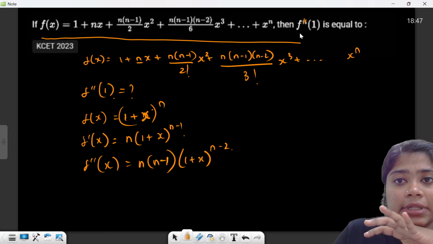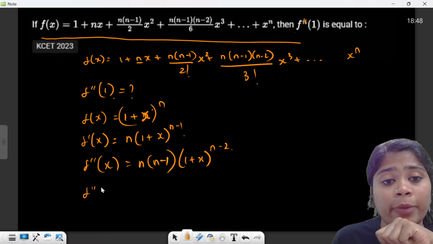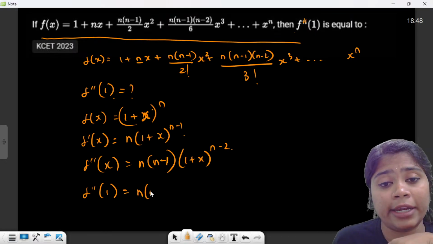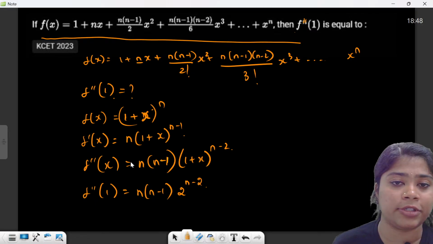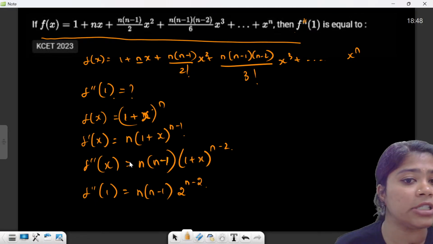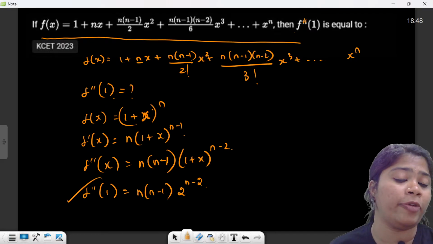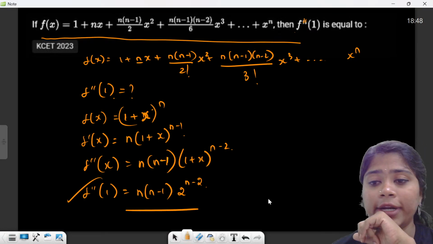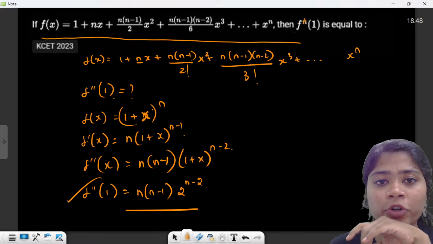So they are asking about f double dash of 1. So substitute x equal to 1 here. n into n minus 1 into 2 to the power n minus 2 is the answer for the question. It is an MCQ question, so in the options you will find this expression. Got it? So let's move on to the next question.